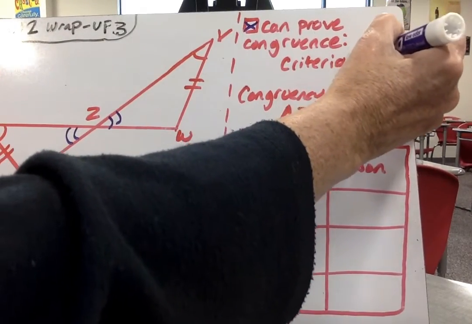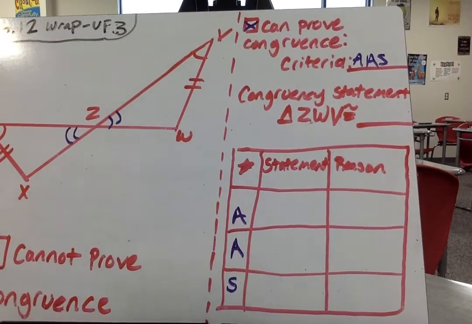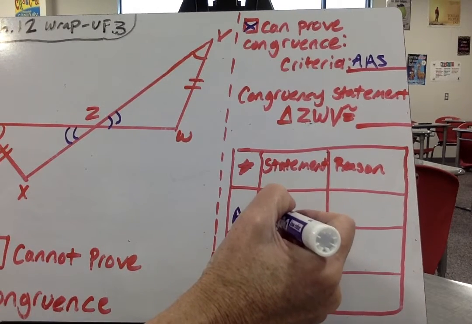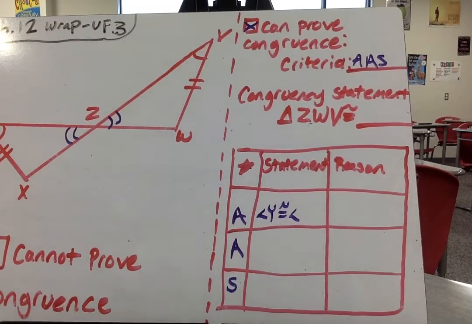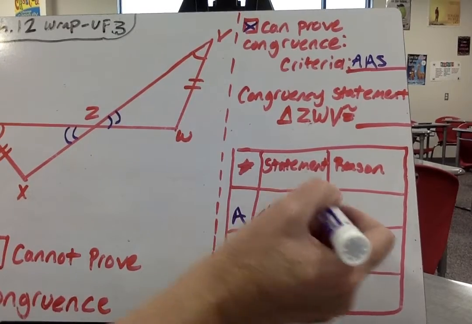So angle, angle, side. So we say the first angle that's congruent, we could say angle Y is congruent to angle V. And why?